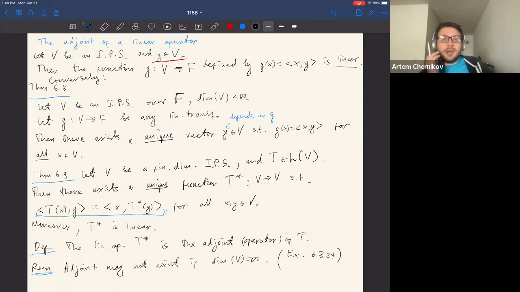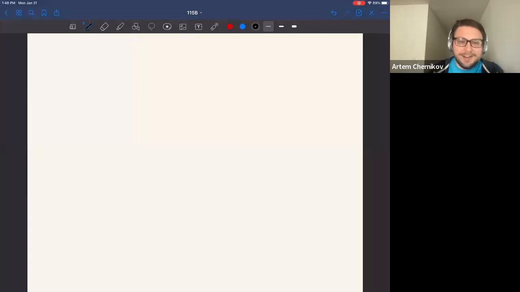And in fact, we have an easy way to calculate the matrix representing the adjoint. As usual, we have this relation to matrices, right? It corresponds to the adjoint of a matrix representing T. So this is theorem 6.10, which tells us what happens at the level of the matrices representing these linear operators.